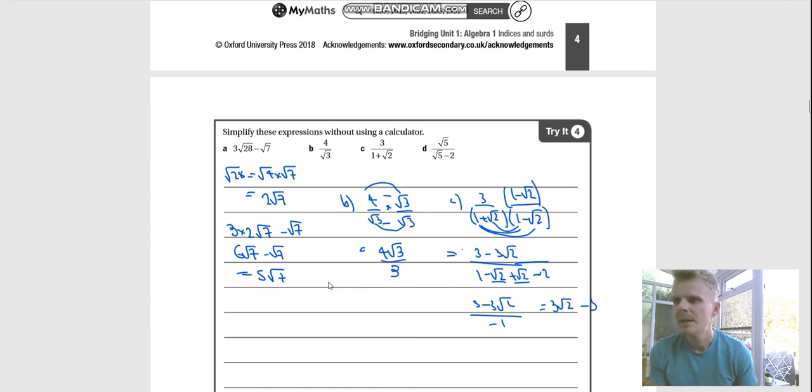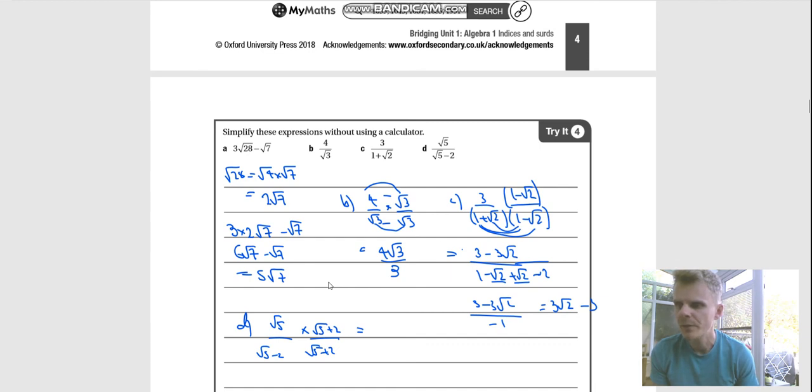Okay, and then finally for D, I'm going to do the same thing, so let's see if I can get this done in a minute. We have root 5 over root 5 minus 2. We're going to multiply top and bottom by the conjugate, root 5 plus 2, so just change the sign on this irrational denominator.